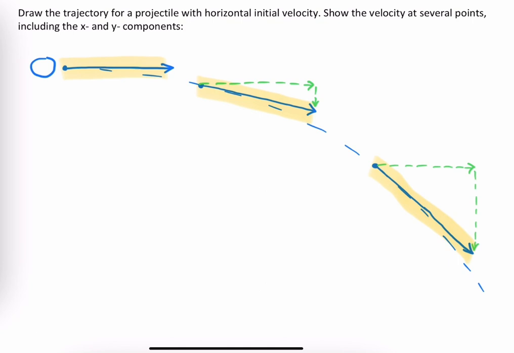The other thing that's changing is the direction. It's getting more and more tilted, more and more slanted. So there's a few things going on here, and that can be hard to keep in your mind all at once, which is why we like to think about these components instead.